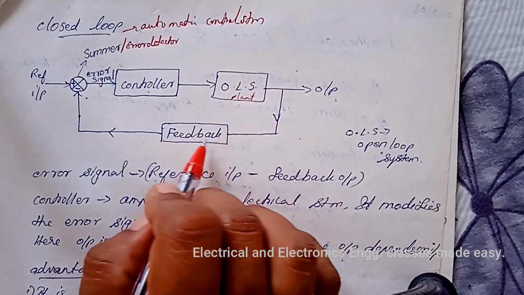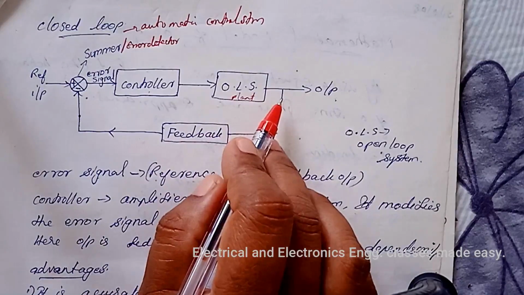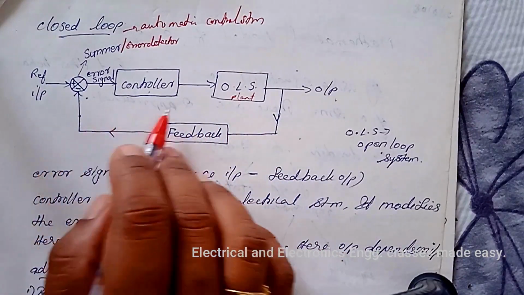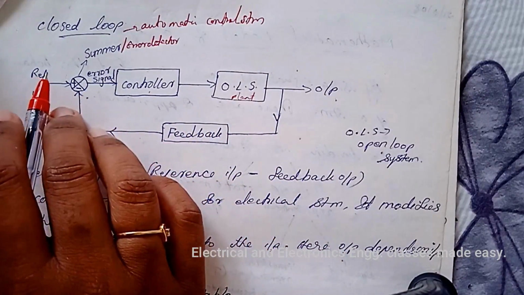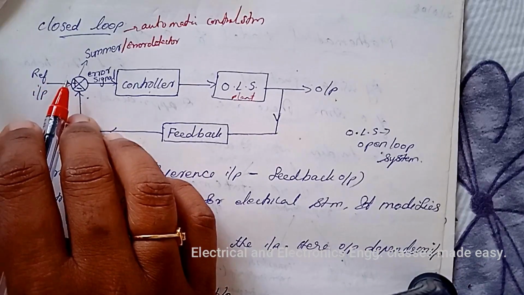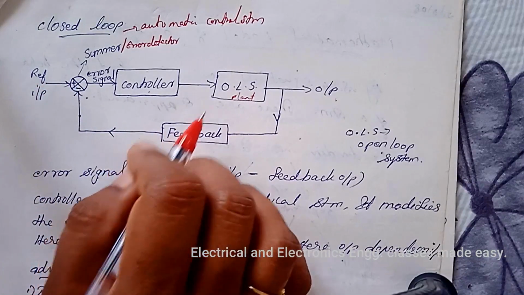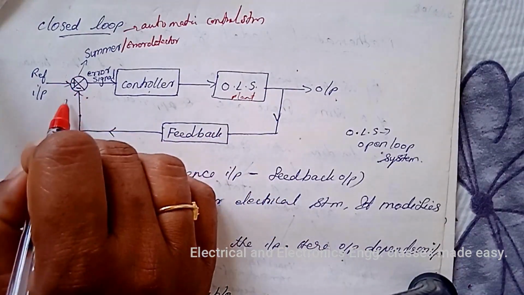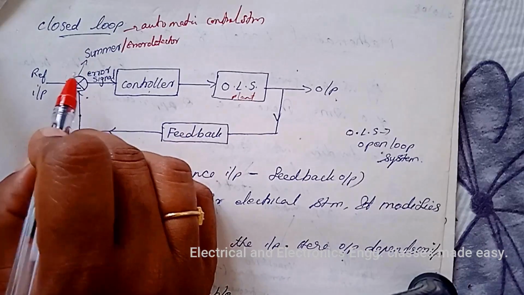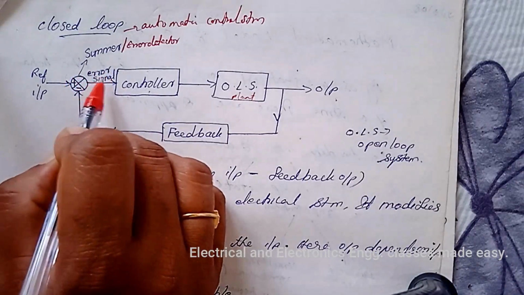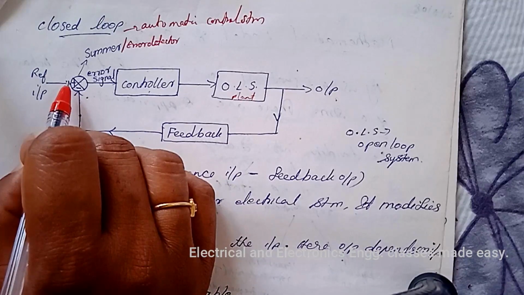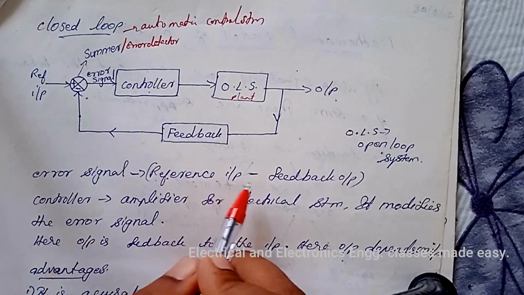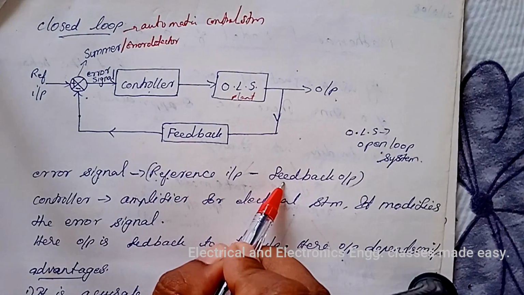The feedback path elements sample the output and convert it to a signal of the same type as that of the reference signal. The feedback signal is proportional to the output signal and is fed to the error detector. The error signal generated by the error detector is the difference between the reference signal and the feedback signal.